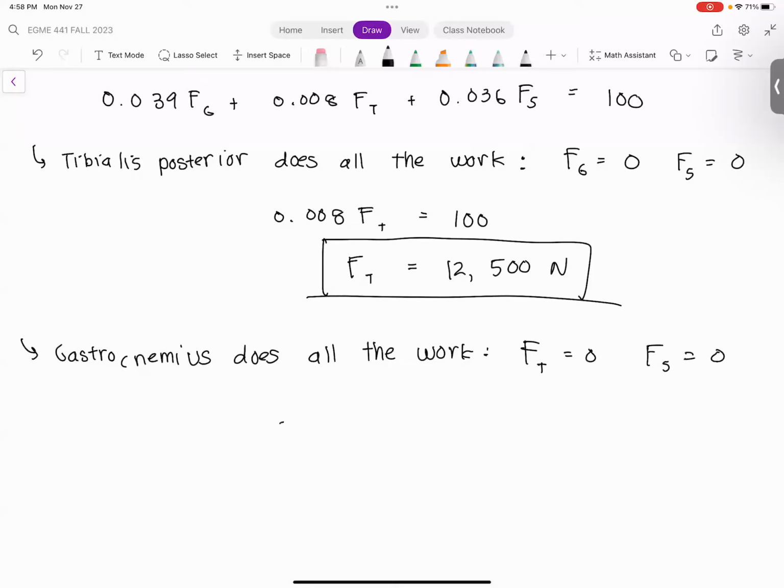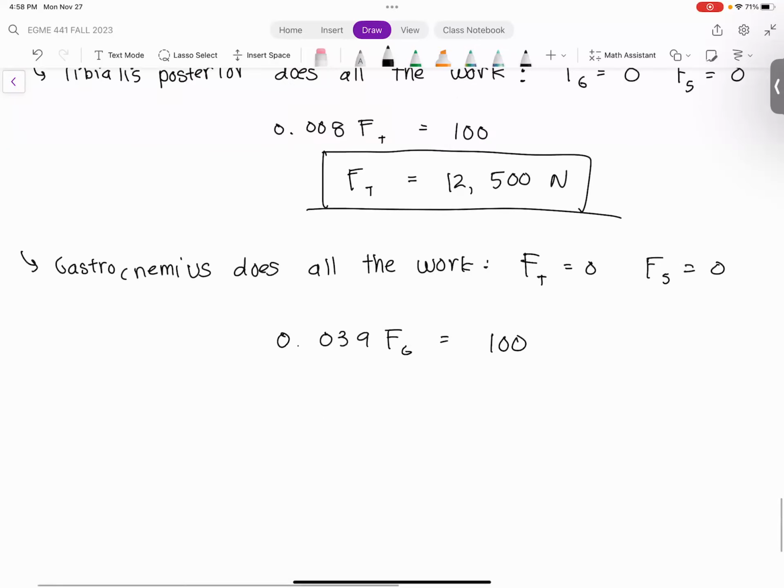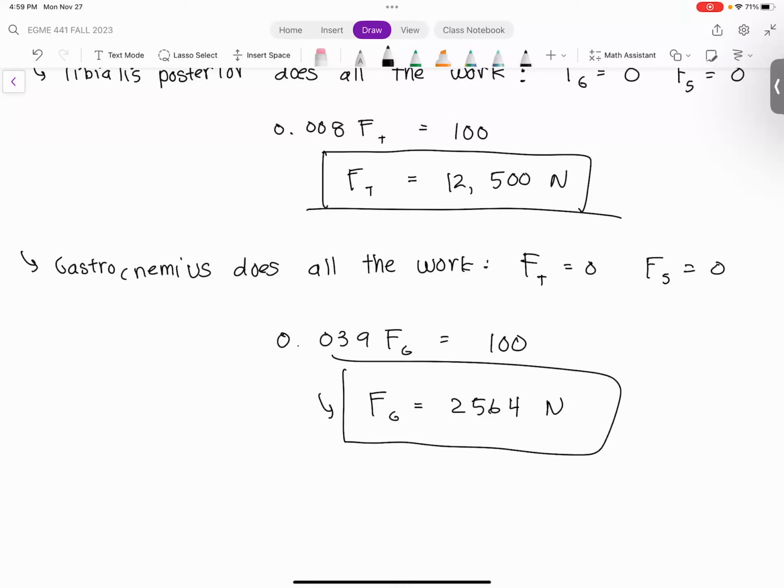Okay. So in that case, we have 0.039 FG is equal to 100. And so we solve for FG. In this case, we take 100 divided by 0.039, and what we get is 2,564 newtons.